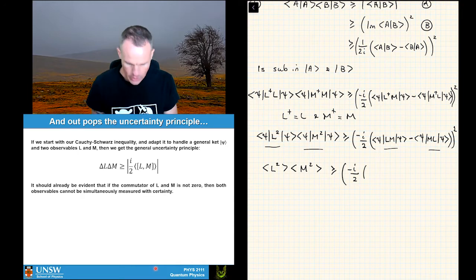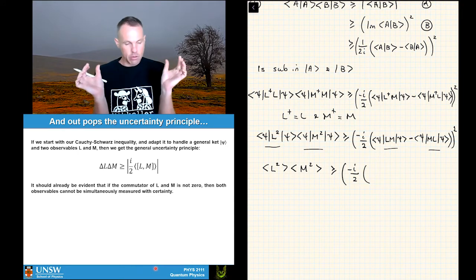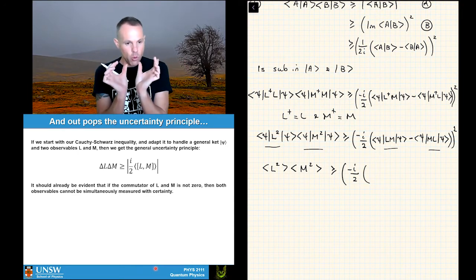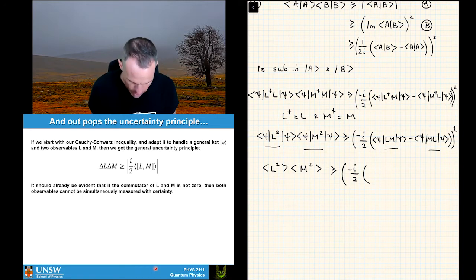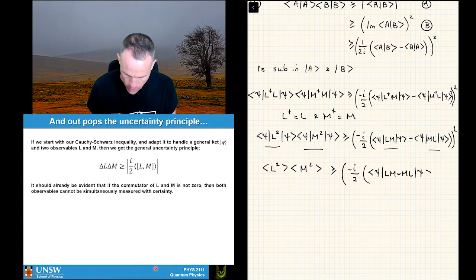Now, what we're going to do here is actually pull these two things together before we do the expectation value on the right-hand side. So what we would have is psi times LM minus ML psi on the right-hand side, like so.